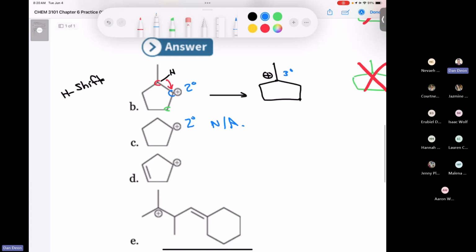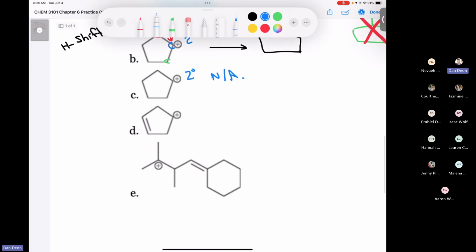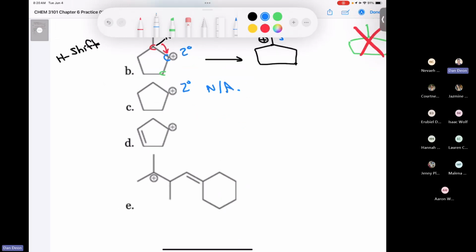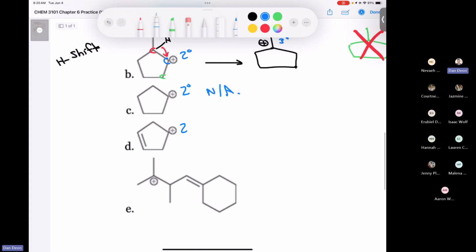D is a little bit interesting because there's a double bond in there. But would this undergo a rearrangement? It's secondary. Here's the carbon from the carbocation. This is a neighbor. This is a neighbor. They only have protons on them. So would this undergo a hydride shift?